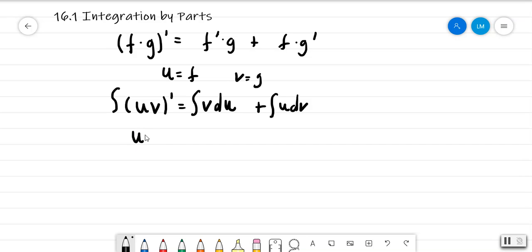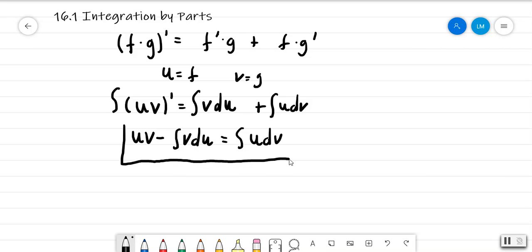It gives us uv minus, we're going to move this over here, so that's going to be minus the integral of v du, and this is equal to the integral of u dv. Now typically it should be the other way around, but it's the same thing. Okay, so this is our formula.